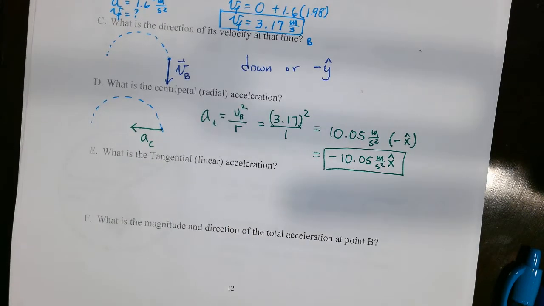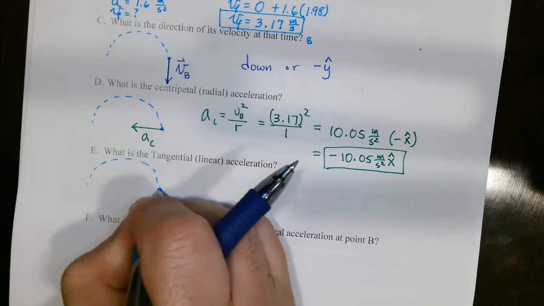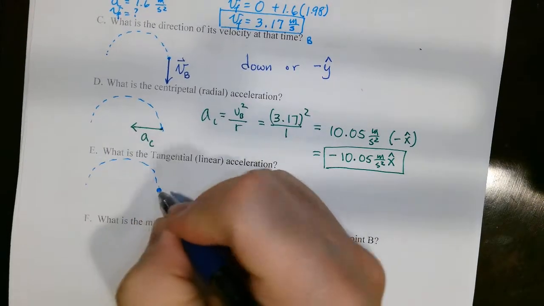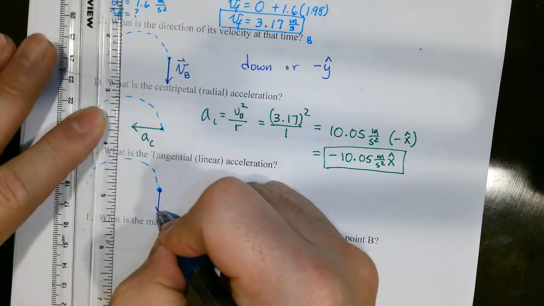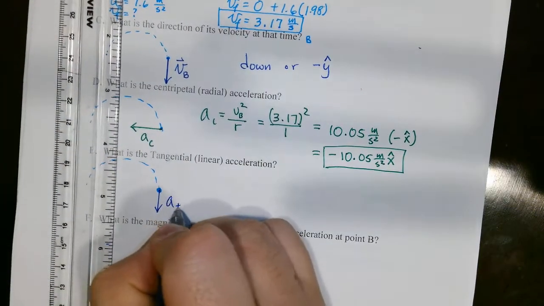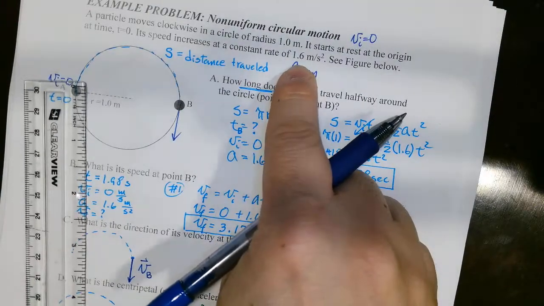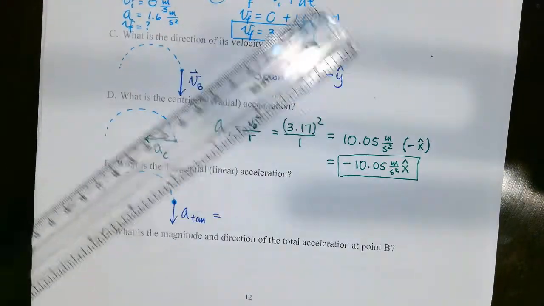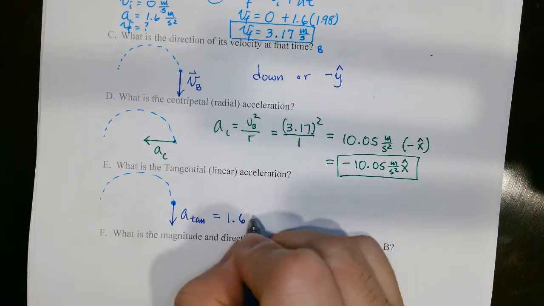E, what is the tangential acceleration? Well, we already know that, right? Here's the circle, here's B. Tangential acceleration is going to be tangentially going down this way, and that's A tangential. And we already know that A tangential is going to be 1.6 all the time, because this will be a constant acceleration. It won't be a jerky motion, right?